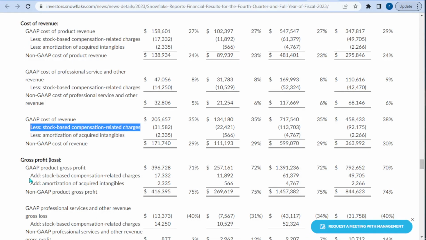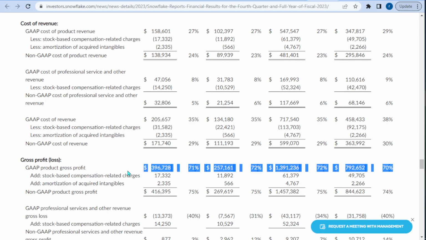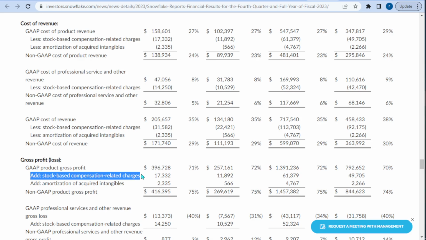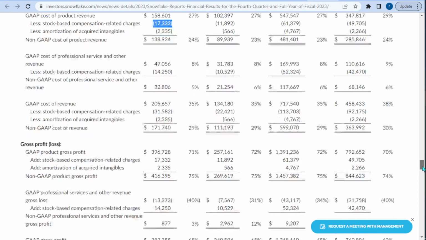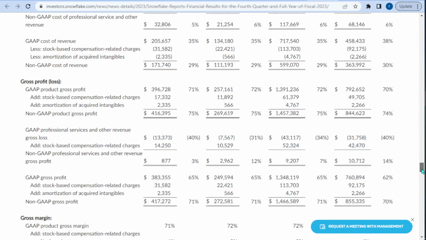And then we see it again right here: gross profit, add stock-based compensation related charges. Here you can see that this number is basically just this number right there, except they're adding it right here. So you can see stock-based compensation show up in all these different line items because you have to remember the employees are all over the business.